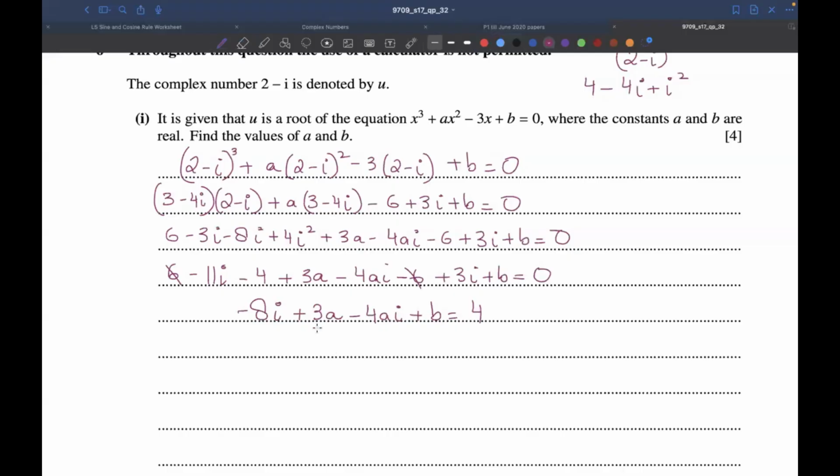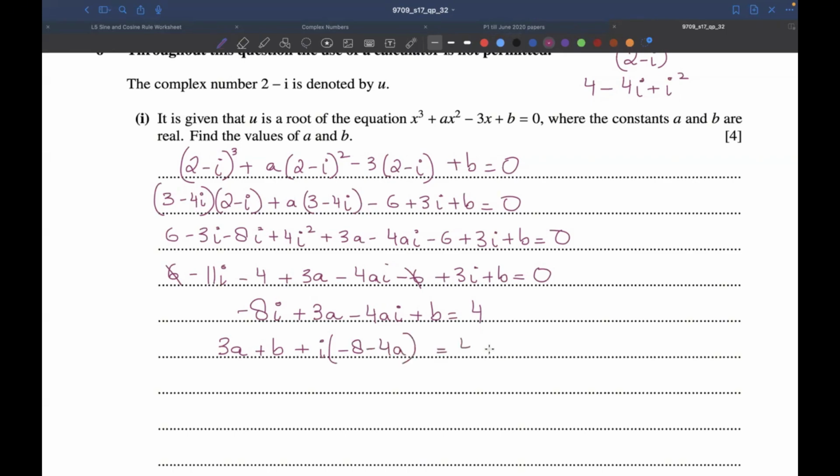Now, to find the values of a and b, we can just compare both the sides. So let's put the real terms on one side, 3a plus b, and the complex term, and we can take i common, so we'll write it as plus i, and in the bracket we'll have -8 minus 4a, is equal to 4.